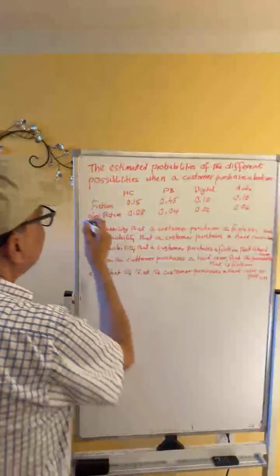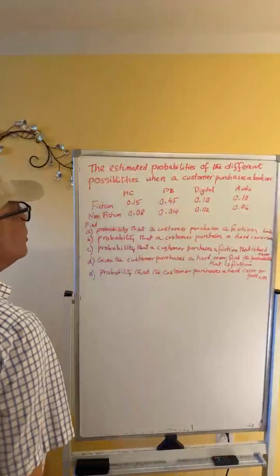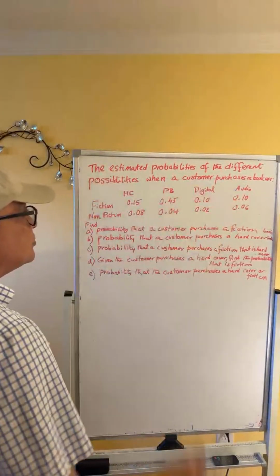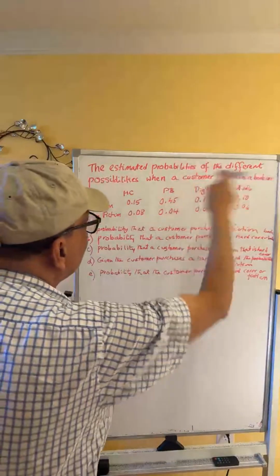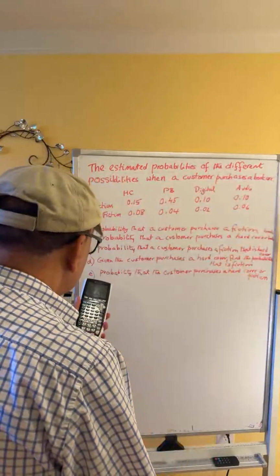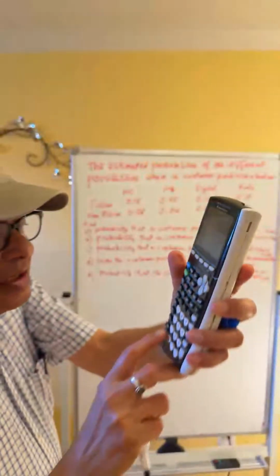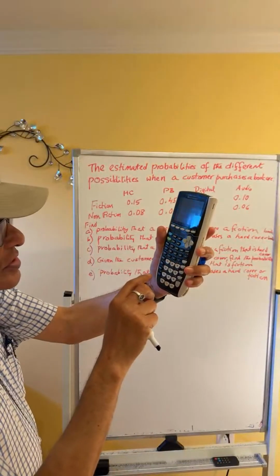As you know, fiction is in the first horizontal row of data. So we will total all of the columns in the first row. I'm using my TI-84 calculator to add the numbers in the first row.